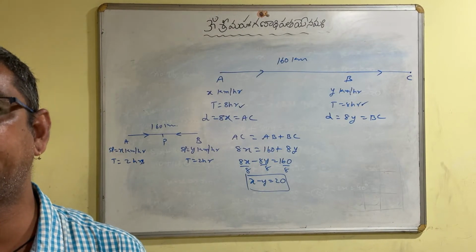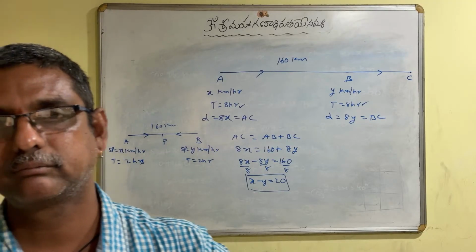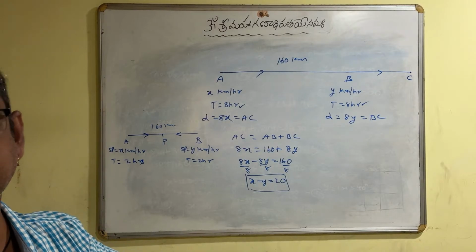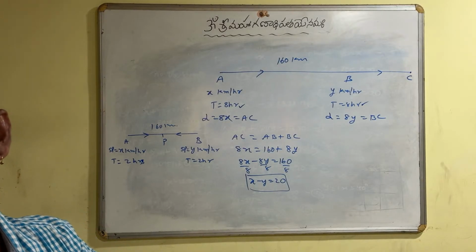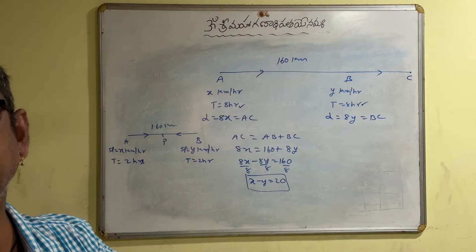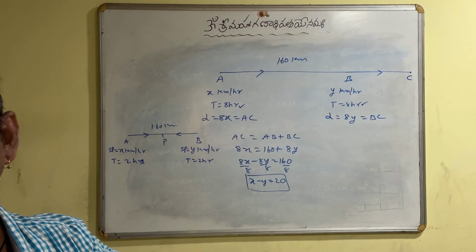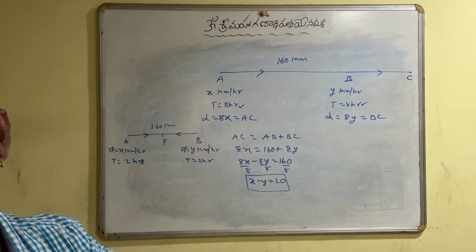Because they are traveling in opposite direction, so they will meet at P, which lies in between A and B.